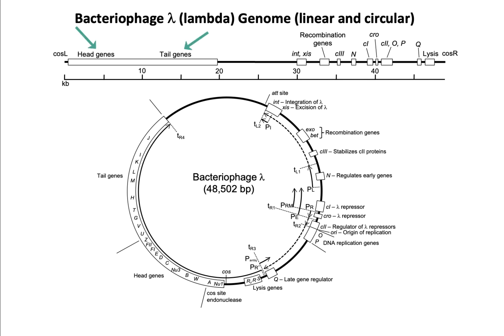So on the left-hand side, you see head and tail genes for making the particle. On the right-hand side is a lysis gene for lysing the cell at the end. And then in the middle, there are all these genes primarily for control of expression of those genes.